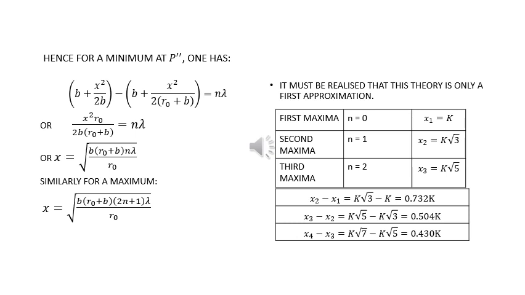So x2 minus x1 is equal to k root 3 minus k, which comes out to be equal to 0.732k. And x3 minus x2 is equal to k root 5 minus k root 3, which comes out to be equal to 0.504k. x4 minus x3 will be equal to k root 7 minus k root 5, and it comes out to be equal to 0.430k.